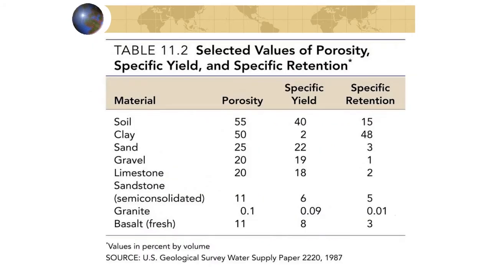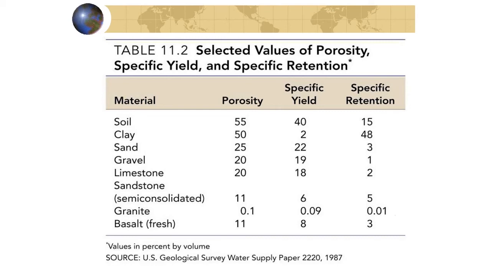Specific yield is the volume of water that can be yielded from an aquifer by the force of gravity alone. That is how much volume of water can be obtained from a particular aquifer.